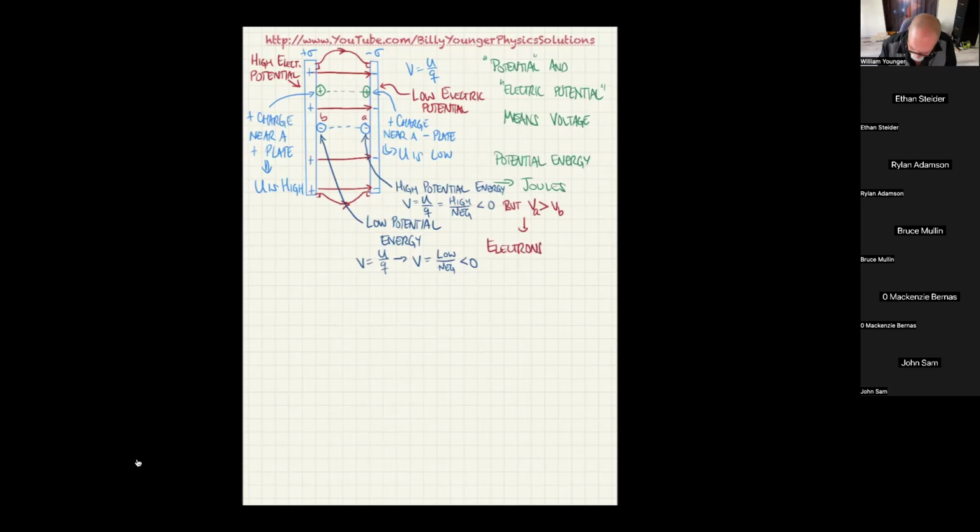Electrons, actually all negative charges, go from low voltage to high voltage.